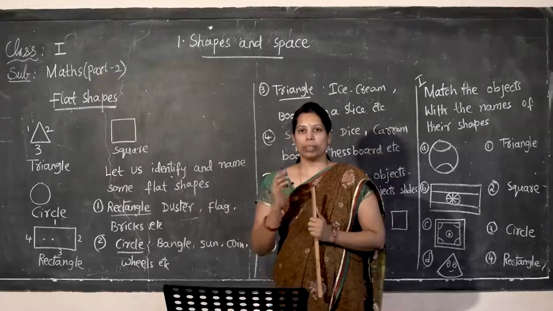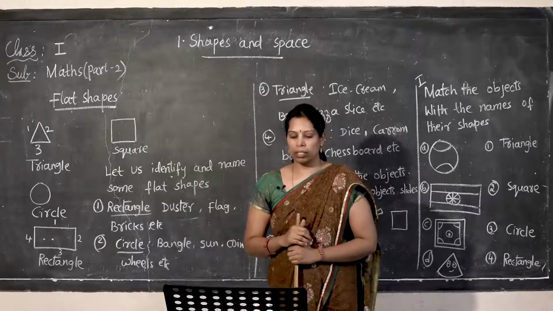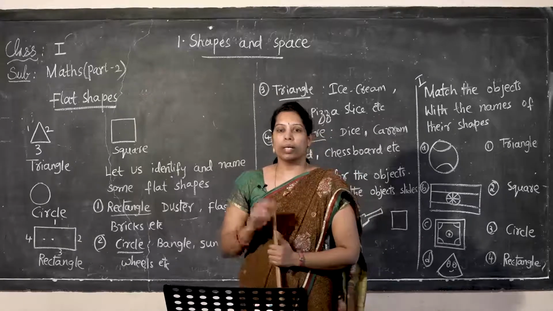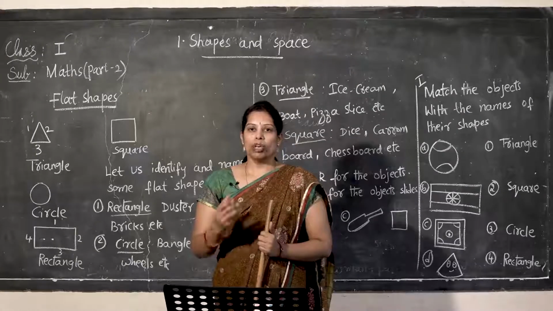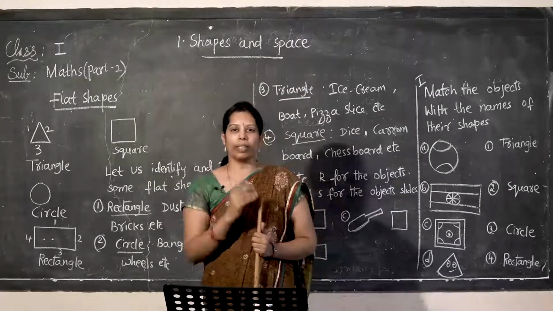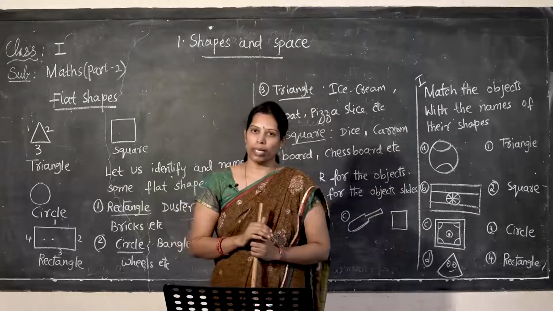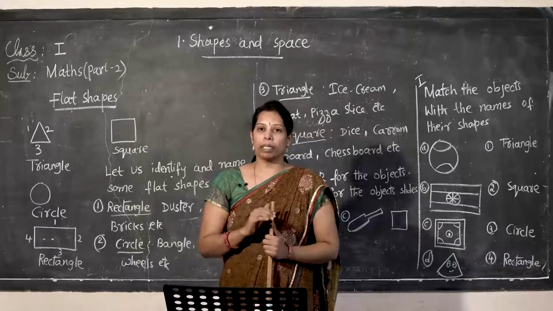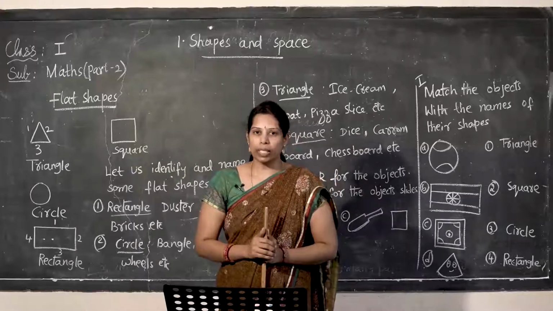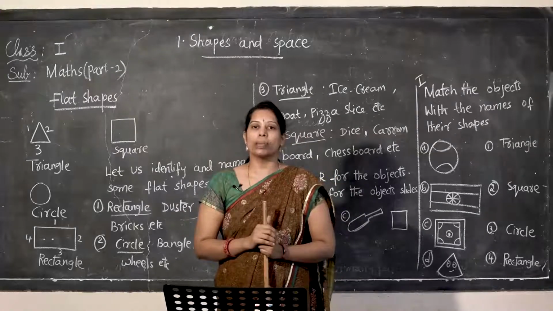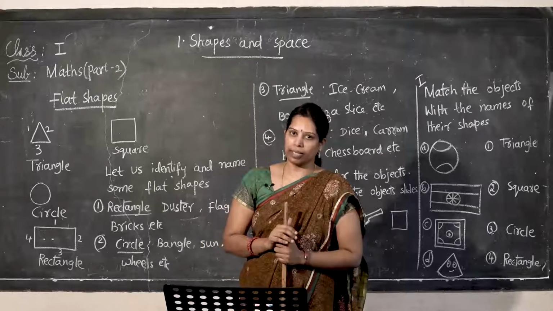Yes, these are some examples of solid shapes that we can observe in our surroundings. Next, the topic already we have discussed about roll and slide. When can you say a particular object rolls? Any object which has a curved face is said to be rolling. When an object has a flat face, then you can say that particular object is sliding.